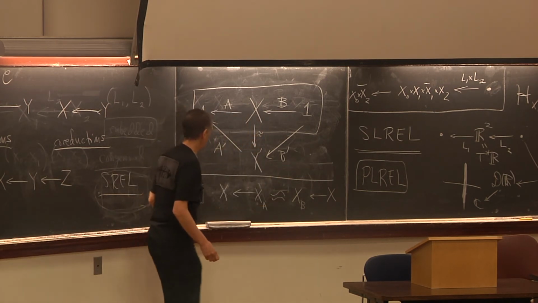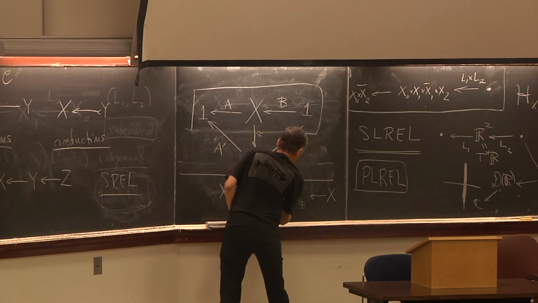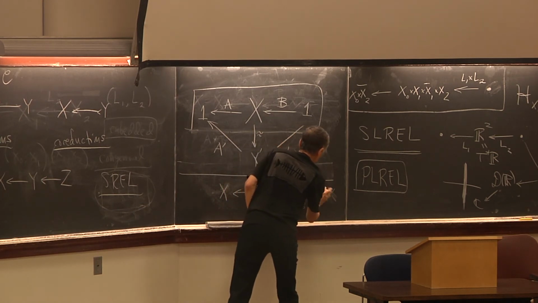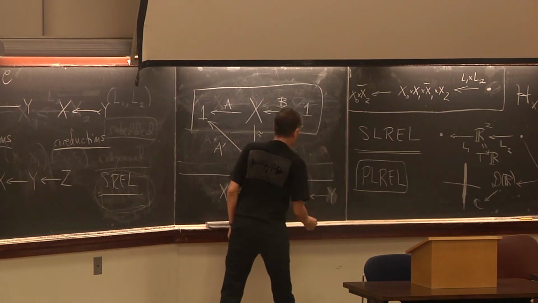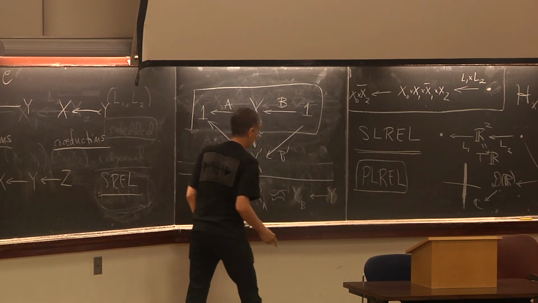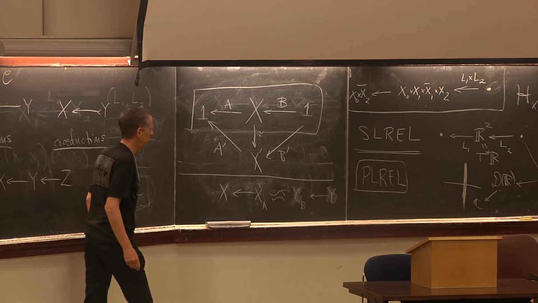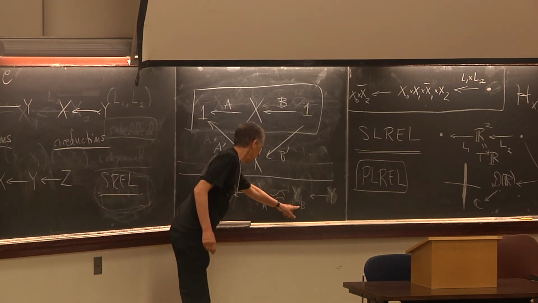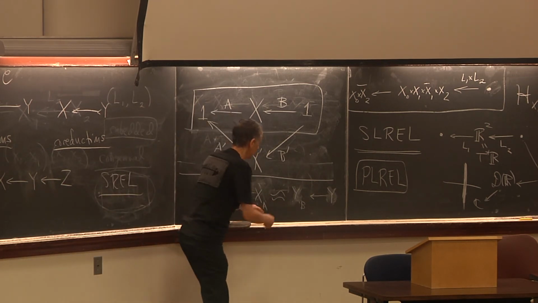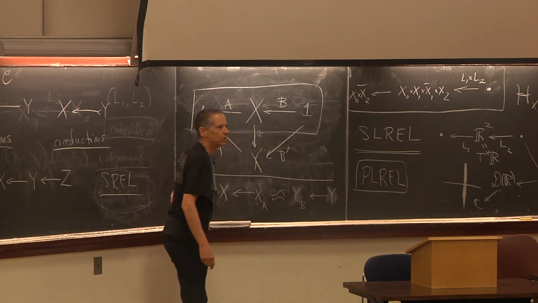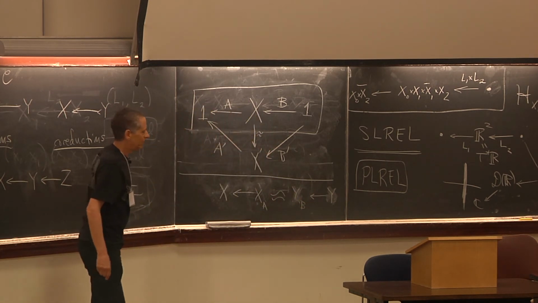In other words, let's say the general case first of all: any canonical relation from Y to X comes about by first reducing by a coisotropic subspace B here, and reducing this by an A, and then taking an isomorphism between those two reduced spaces.